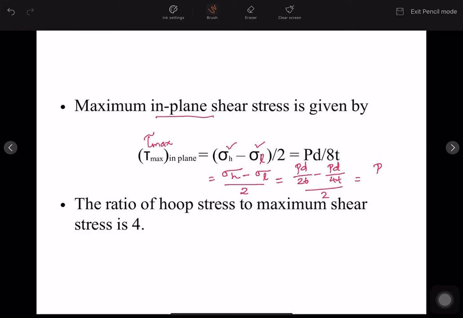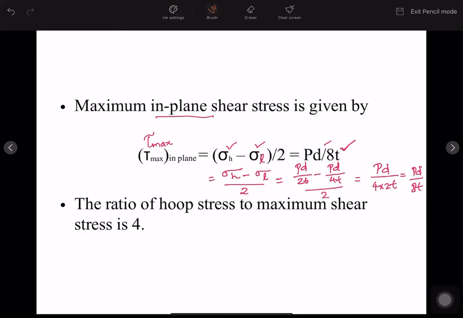If you take the LCM, you get 4 into 2 times T, which is PD by 8T. So generally we can calculate maximum shear stress in a given plane of a thin cylinder by using the equation P into D by 8T.